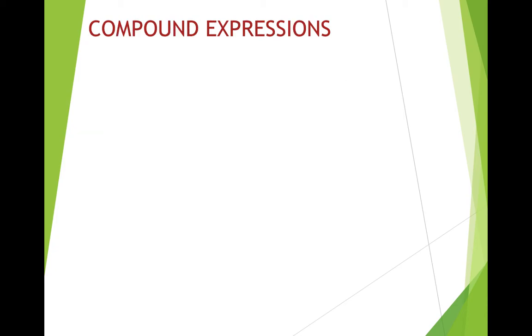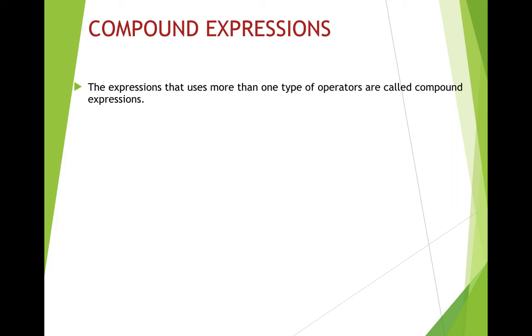Let's go to the last type of expression for the day, which is the compound expression. Now if you use more than one type of operator in a single expression, then it is called a compound expression.